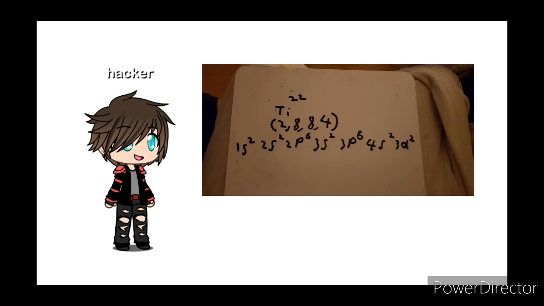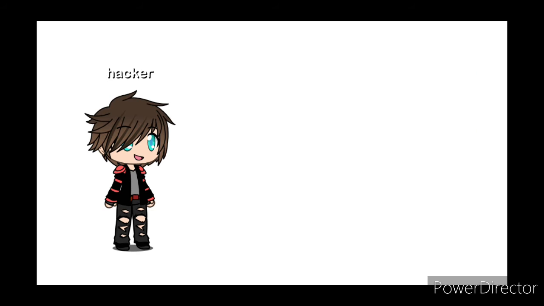You might be curious why I called the last one 3d instead of 4d. It's because shell 3 can actually hold up to 18 electrons, whereas something like shell 2 can only hold 8.